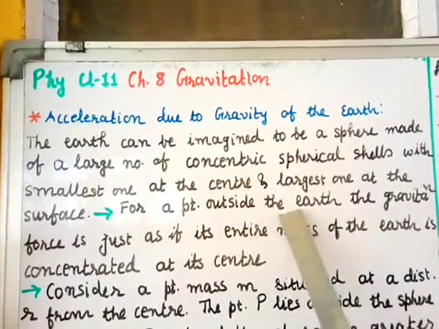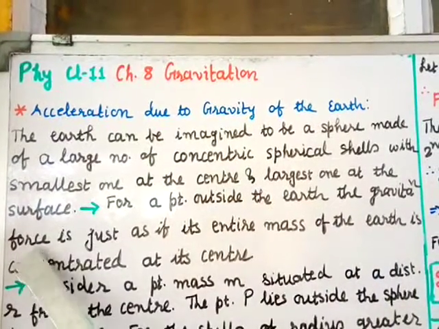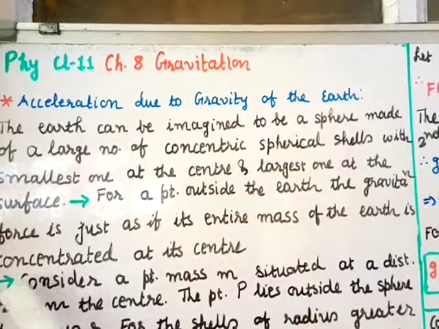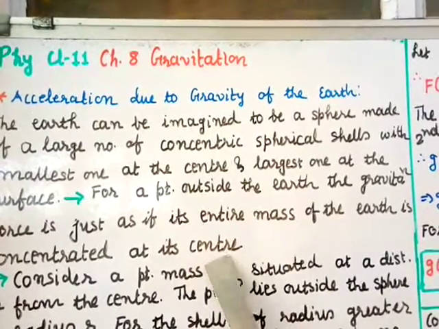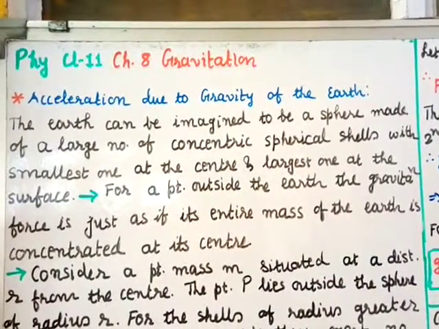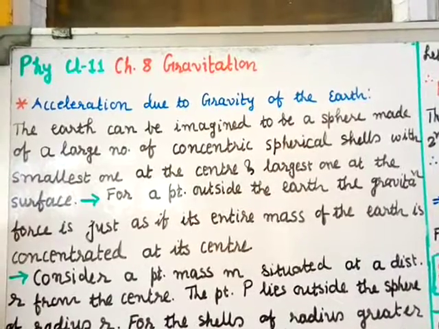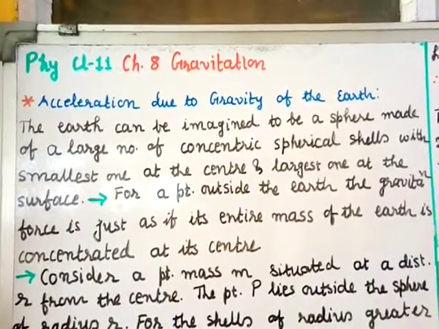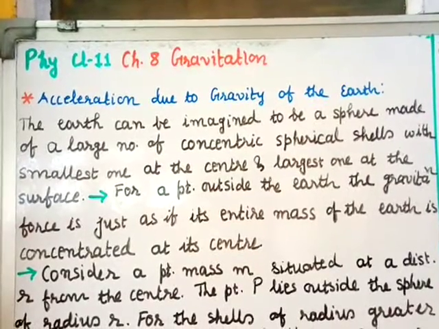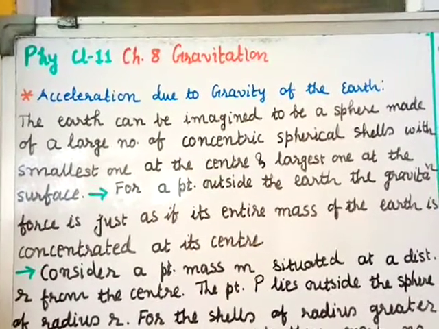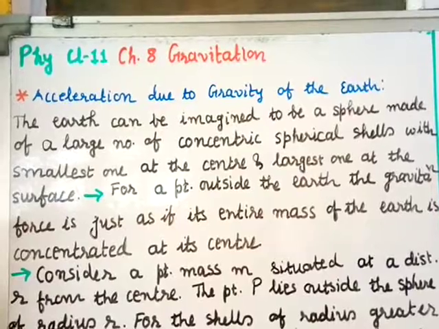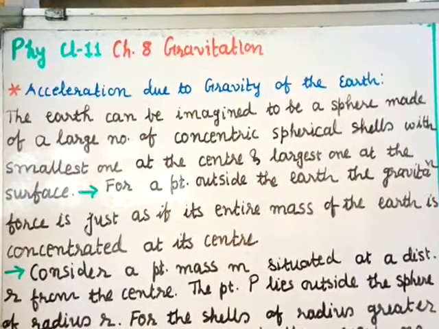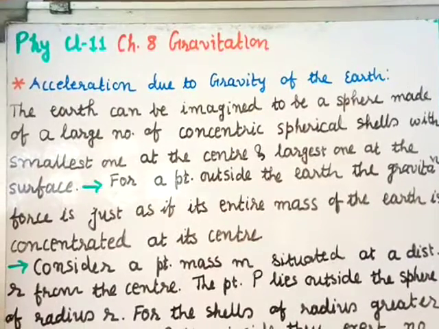For a point outside the earth, the gravitational force is just as if the entire mass of the earth is concentrated at its center. Now we have written two rules. If you have a hollow spherical shell and the point is outside the shell, then the gravitational force due to the shell on that mass will be as if all the mass of the shell is concentrated at the center.